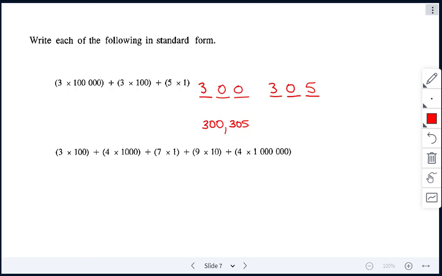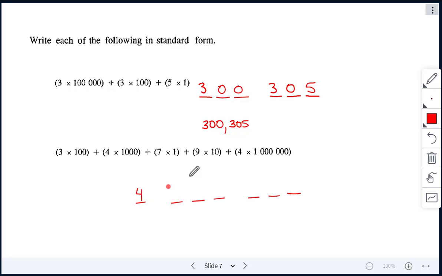All right, so the largest number we have is in the millions place. So that means I'm going to have 1, 2, 3, 1, 2, 3, and then 1. So those are the place values I have to have. So 4 is in the 1 millions, so there's my 4.